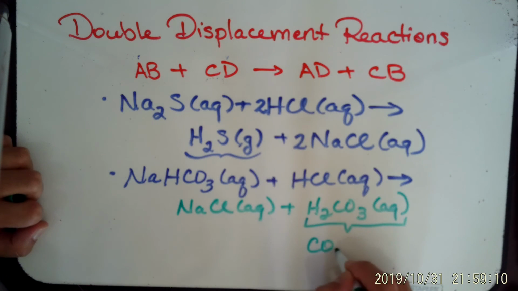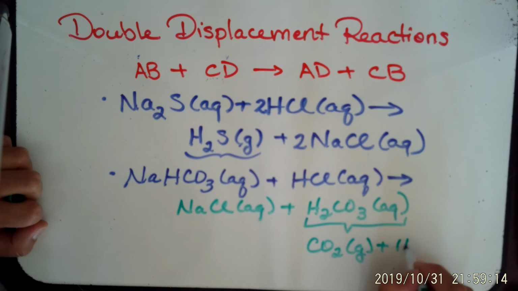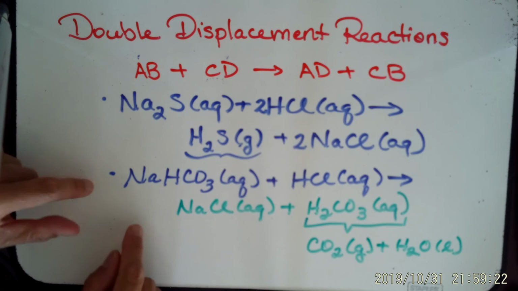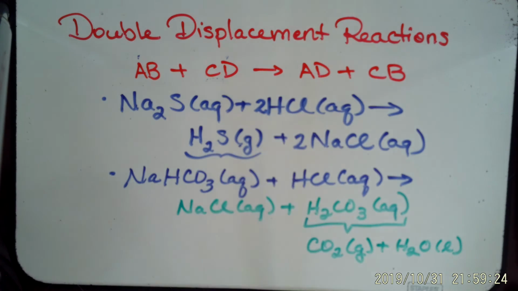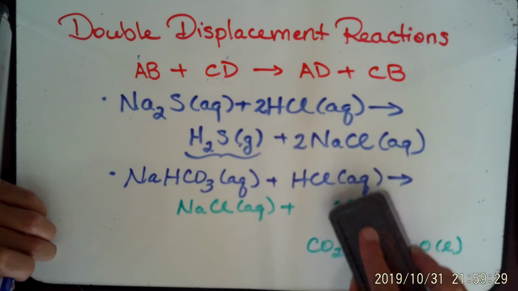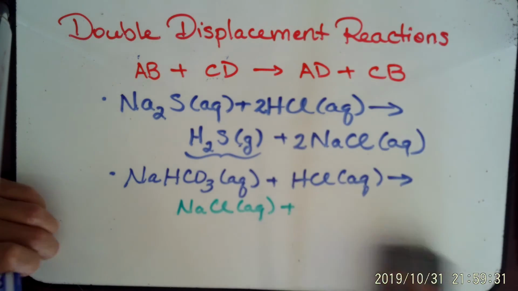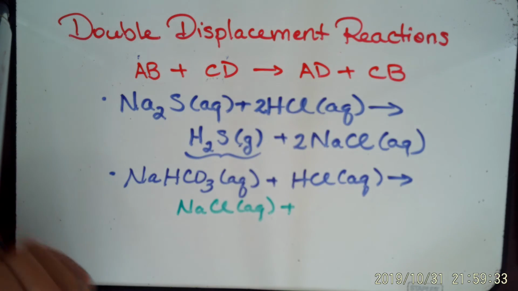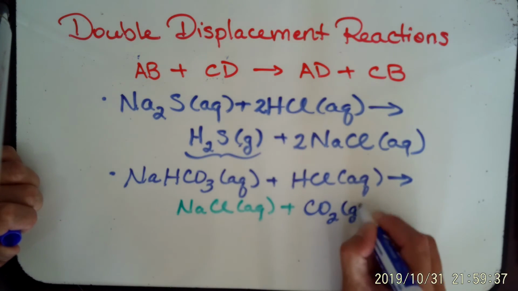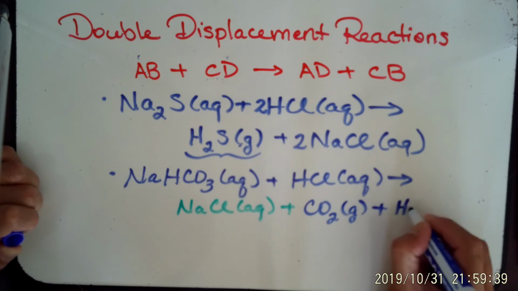This will decompose automatically to carbon dioxide. And remember, we take what's remaining, so that's water. And now we see that this is a gas formation reaction. Okay? So instead of writing the carbonic acid, you would just write CO2, carbon dioxide, and water.